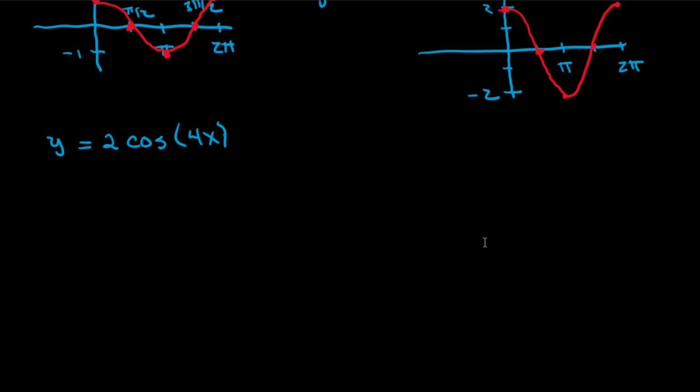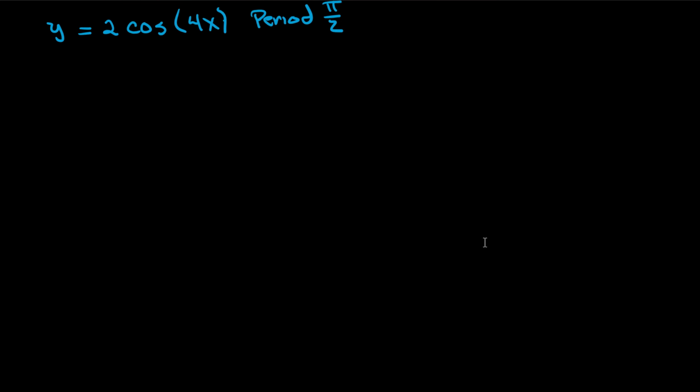What this does is it tells us that the period, and we've already figured this out, is going to be pi over 2. So when I go to set up the graph this time, instead of going over to 2 pi, all I'm going to do is keep my graph going up to 2, going down to -2, but I'm only going to go over to pi over 2.